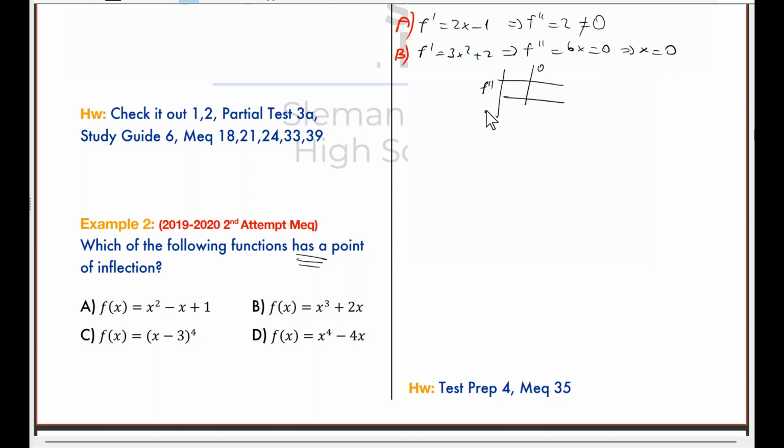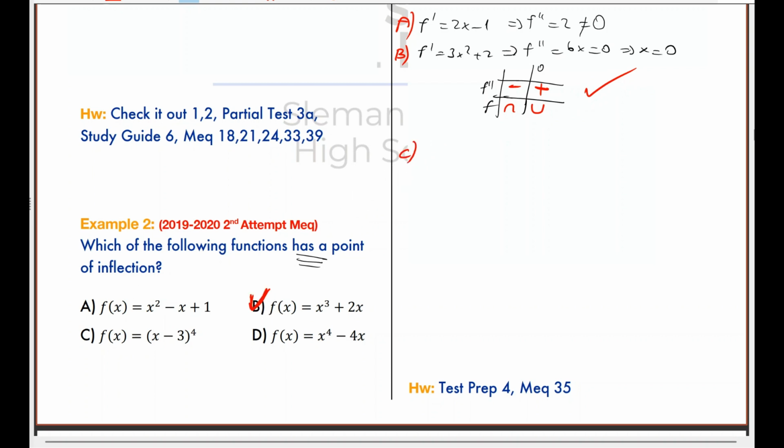F double prime, f. So when you pick a number more than 0, like 1, put it back, positive. Pick a number less than 0, like negative 1, negative. So convex, concave, concavity changes. So we have point of inflection at 0. Option B is true then.